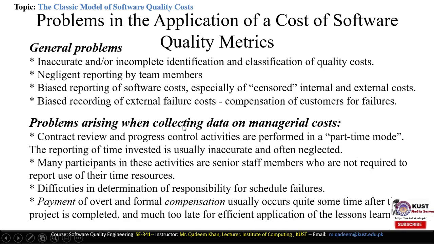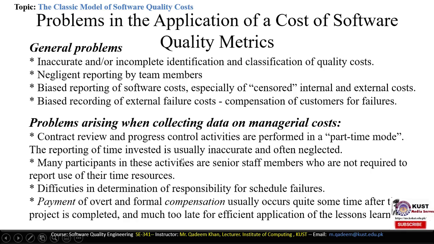Similarly, problems arising when collecting data on managerial cost will also be problems in the computation of cost of quality. It includes that contract reviews and progress control activities are performed in a part-time mode. That means if they are not performed in full-time mode, then there will be a great chance of mistakes here.